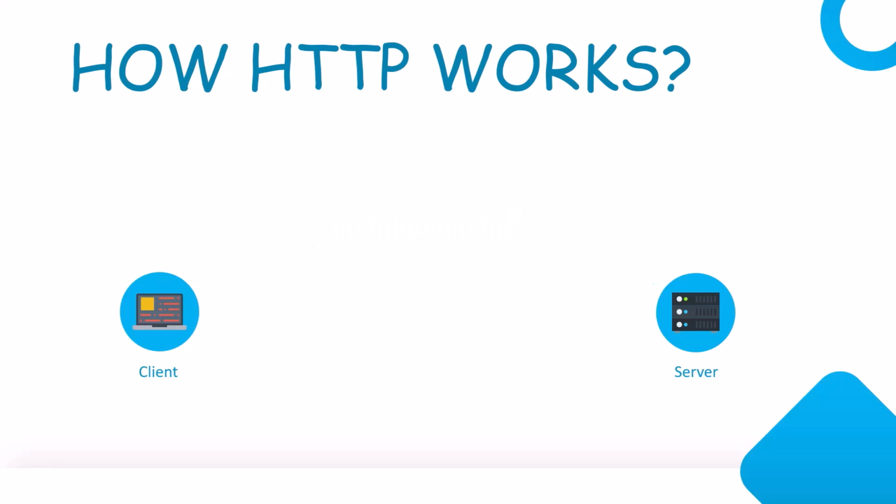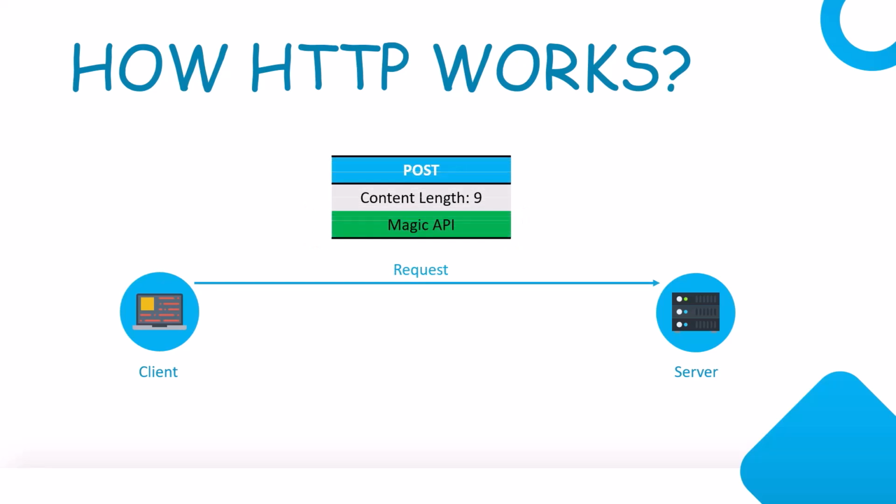As an example, let's say you want to create something on the server. In that case, the HTTP verb will be POST, and we will learn about these verbs in just a minute. But when we have to create, we will be using POST, and that is what we have as the HTTP verb.